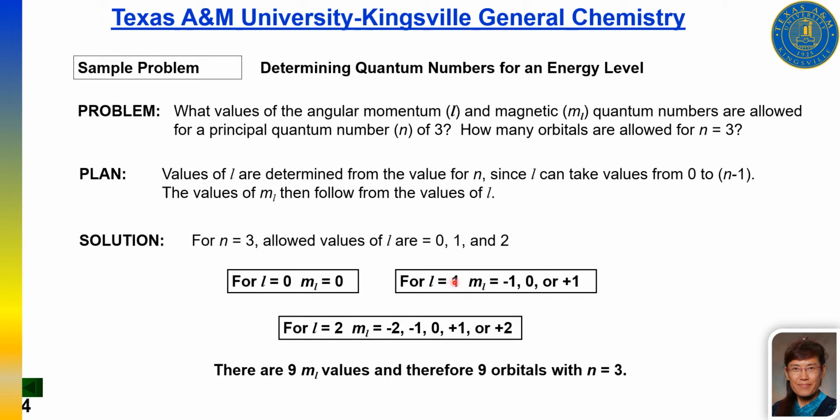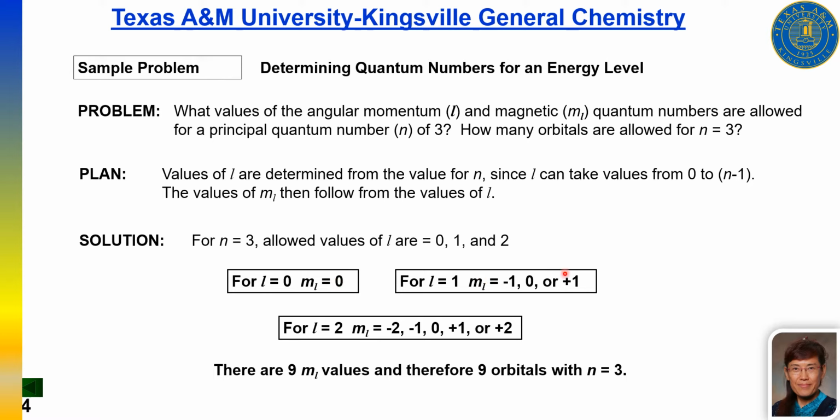If l is 1, your ml can be -1, 0, and +1. If l is 2, your ml can be -2, -1, 0, +1, and +2. In total, how many ml values are allowed? There is 1 over here, 3 here, and 5 in this part.